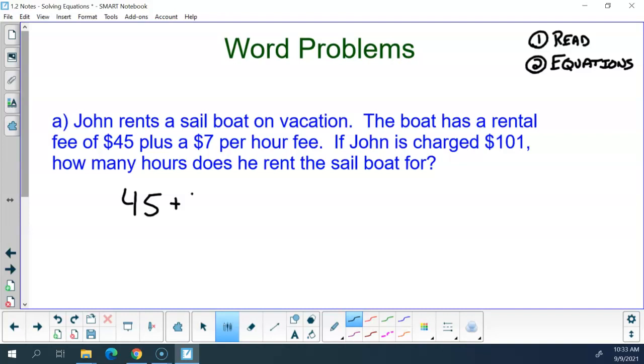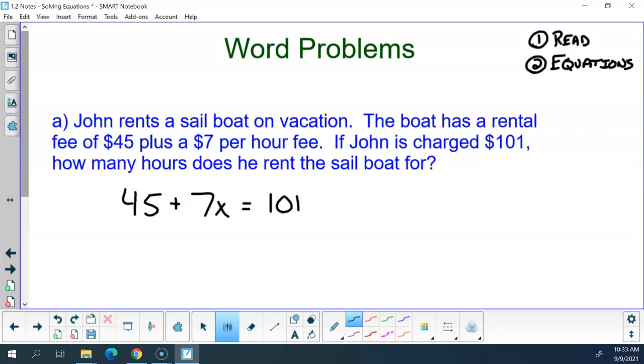Yep. Okay. So that's their business model. 45 plus 7x, where x is the number of hours. Okay. So then what did he get charged? 101. So where's that going to go? Equals 101. Yeah, love it.